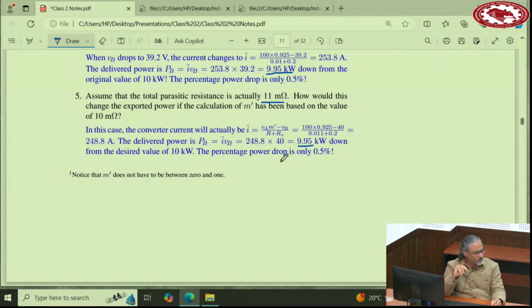And that's why control is very important for power electronics. If you are a power electronics person and you don't know control, you will have a hard time. You may not be an expert in control, but you need a good level of control knowledge if you want to do research in power electronic converters.